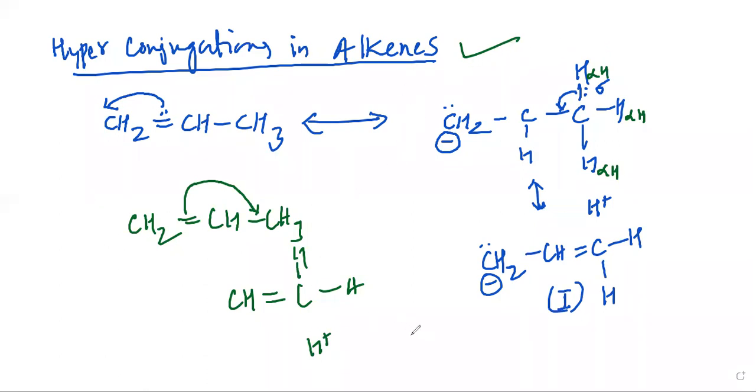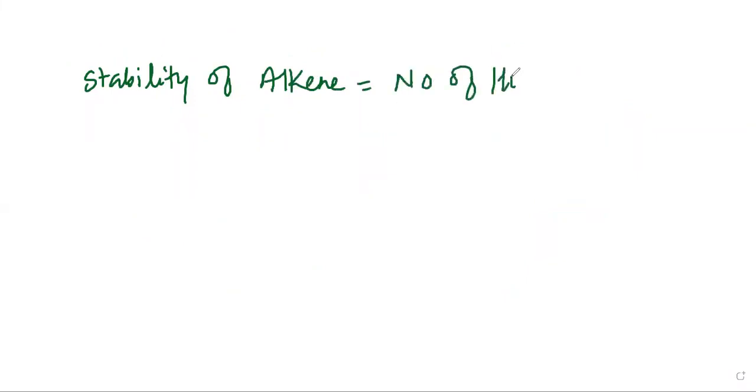So here also, my dear students, we can say that the number of hyperconjugation structures is equal to the number of alpha hydrogens, and the stability of alkene is equal to the number of hyperconjugation structures.